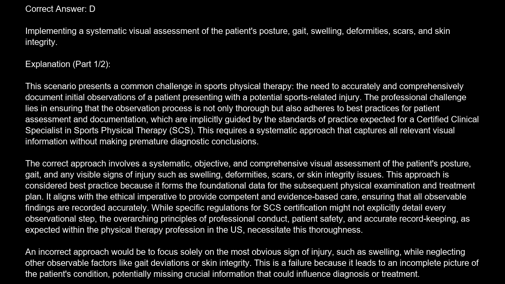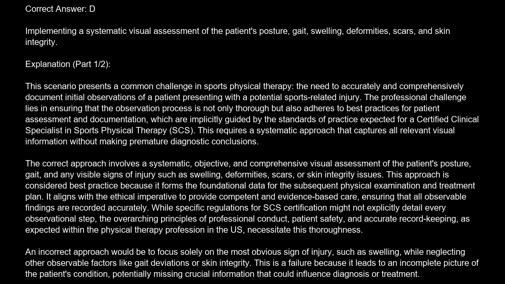This requires a systematic approach that captures all relevant visual information without making premature diagnostic conclusions. The correct approach involves a systematic, objective, and comprehensive visual assessment of the patient's posture, gait, and any visible signs of injury such as swelling, deformities, scars, or skin integrity issues. This approach is considered best practice because it forms the foundational data for the subsequent physical examination and treatment plan.